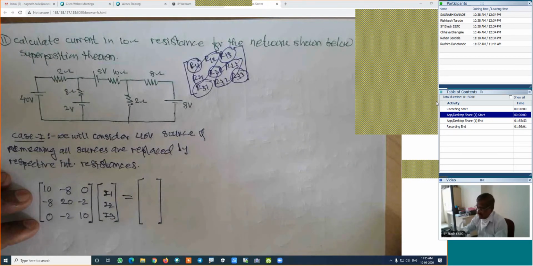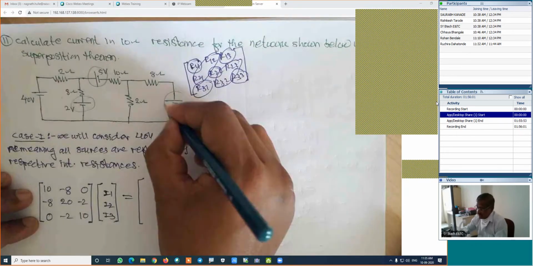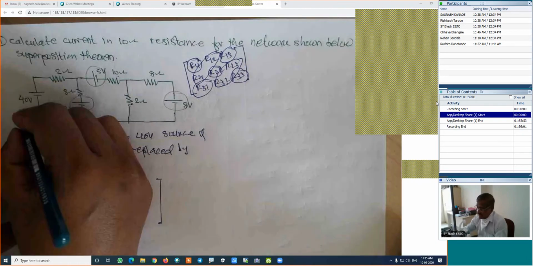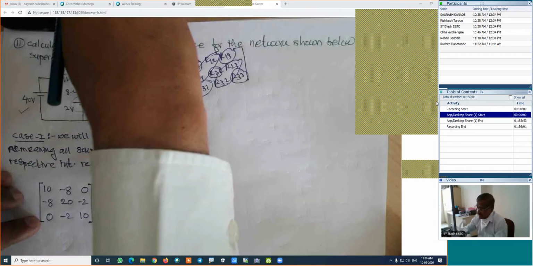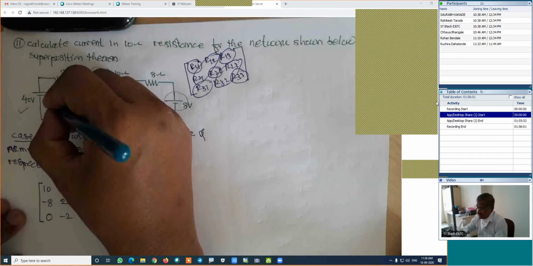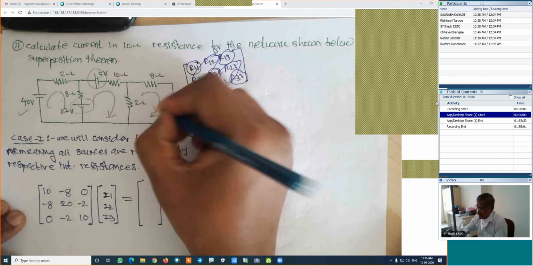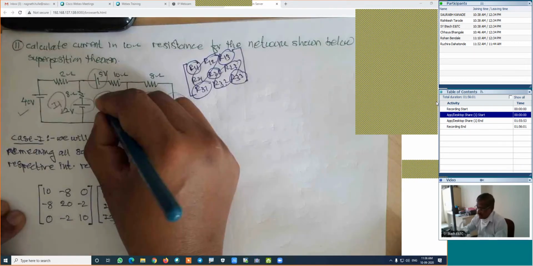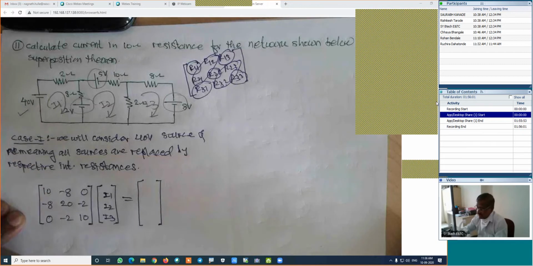Now, how is the constant? For case 1, I will remove this source and this source by its internal resistance, and I will consider this 40 volt source only. Is it right? In that case, how will be the constants? This is my I1, this is my I2, this is my I3 for case 1.